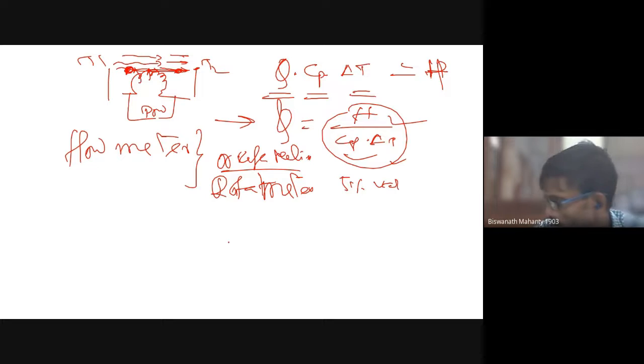So what is a rotameter? I think for your batch, we have not done any lab in our biotech, but in some coming semester, you will also learn about the rotameter. It is the simplest one for measuring fluid flow rate of liquid or gas.